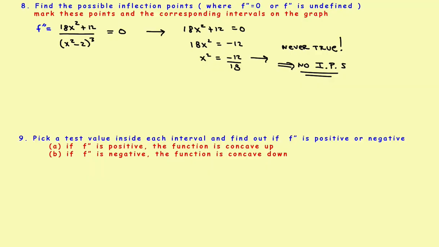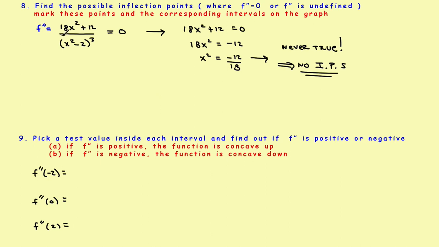So let's go ahead and write those down. So first of all, you want to evaluate the second derivative at -2. You want to evaluate the second derivative at 0. These are our test points. And you want to evaluate the second derivative at +2. And again, all we're concerned about is it positive or negative?